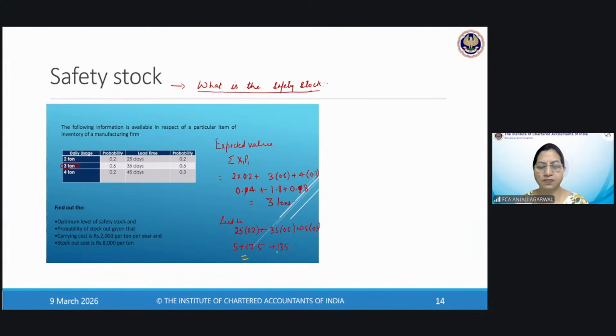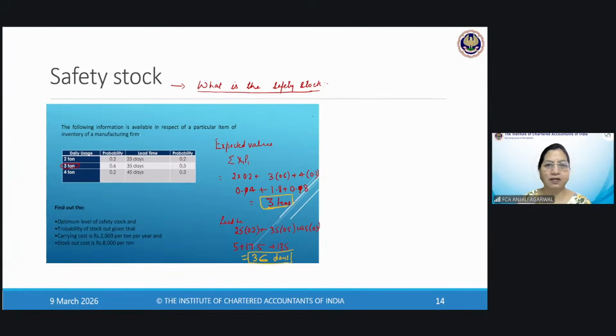So this becomes 36 days. Okay, so this is slightly different. This is 35, this is 36 days. So average consumption is 3 tons and average lead time is 36 days.